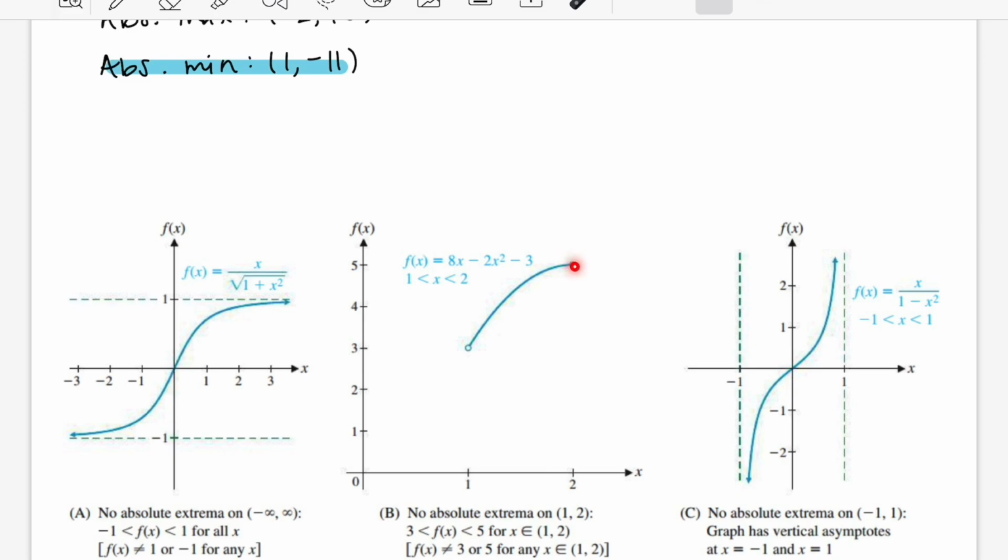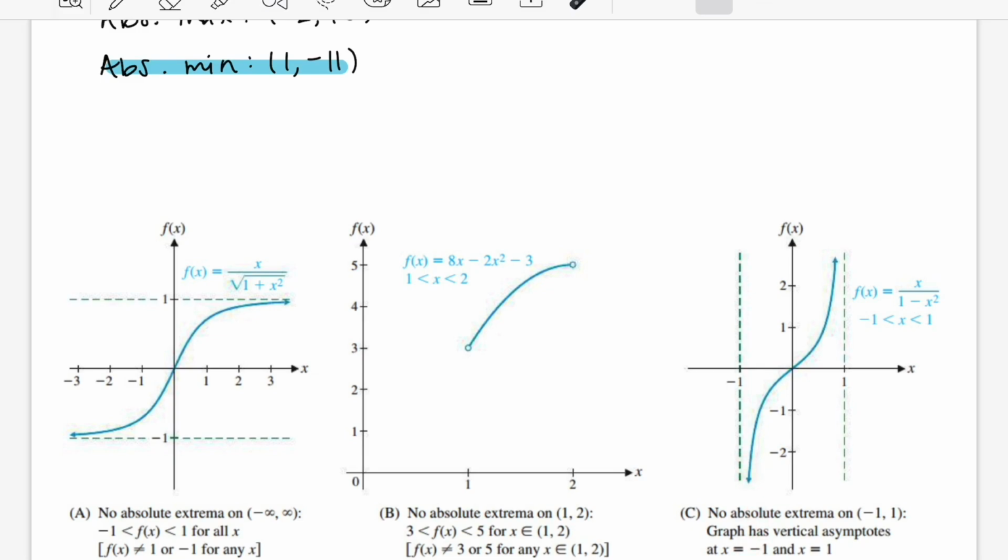And similarly for this one, as we get closer and closer to this value, we're not exactly sure what the highest point could be. And then this one here, we also don't know of any absolute extrema for the same reasoning as this one here. And this one continues on and on forever in this direction and this direction here.